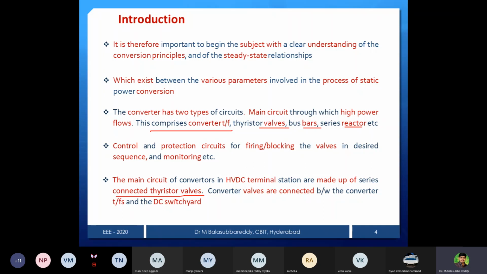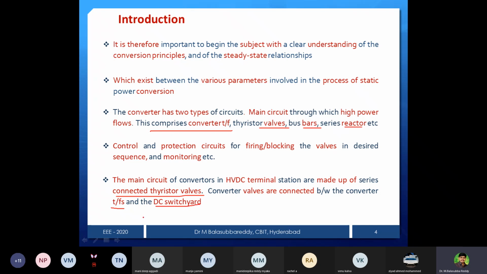So the converter station needs a number of thyristor valves in series between the converter and the transformer, and then the DC switchyard. The valves are placed in the converter, with the transformer on this side and then the DC switchyard.